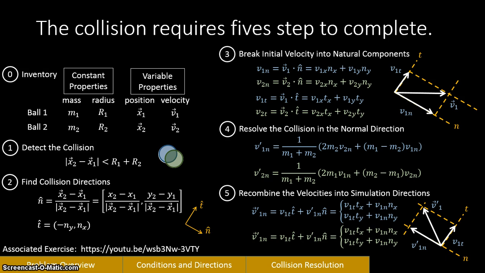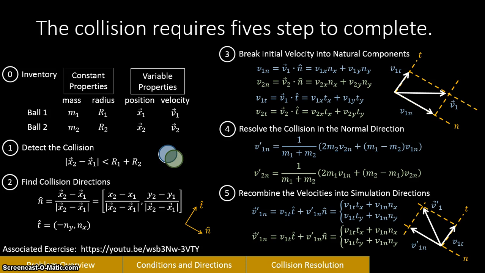Which is a fancy way of saying, for the normal direction, the vector component in the normal direction is equal to the x component of the vector times the x component of the unit normal vector, plus the y component of the vector times the y component of the unit normal.